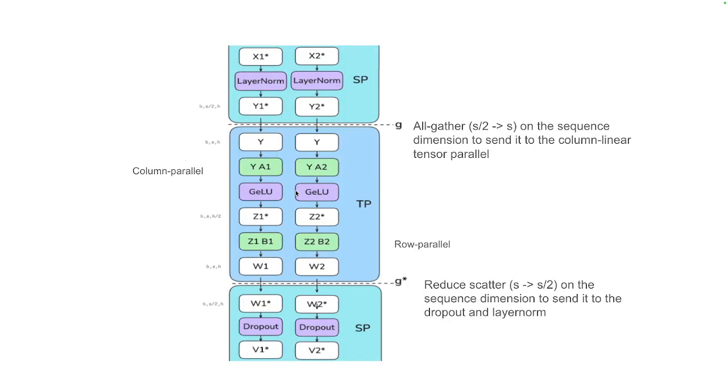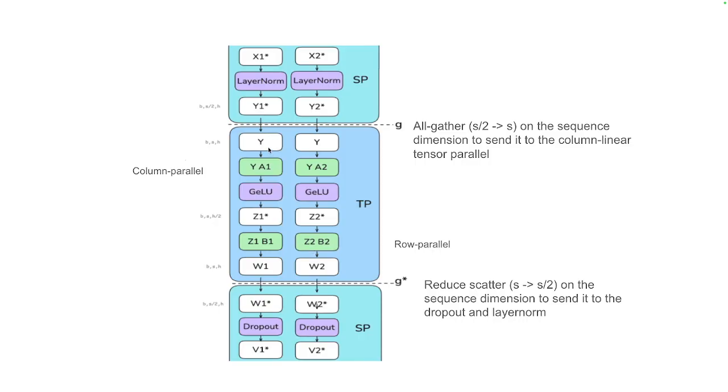Now let's see the flow of the transformer and how tensor parallelism and sequence parallelism play a role here. For layer norm, you would have sequence parallelism. It will be better if you follow from here.